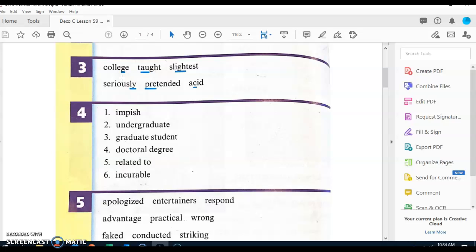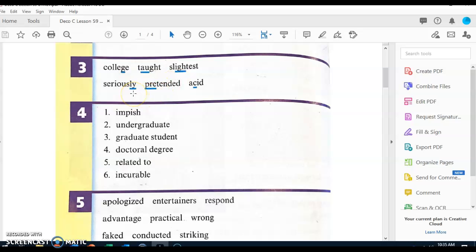Let's go ahead and look at part 3. What's the underlined part? J. What word? College. Next word, what's the underlined part? What word? Taught. Next word, what's the underlined part? What word? Slightest.